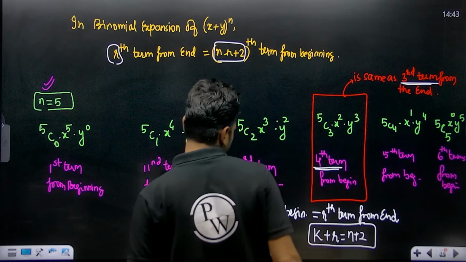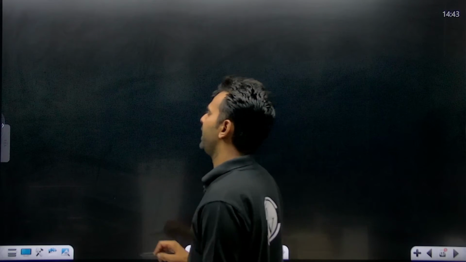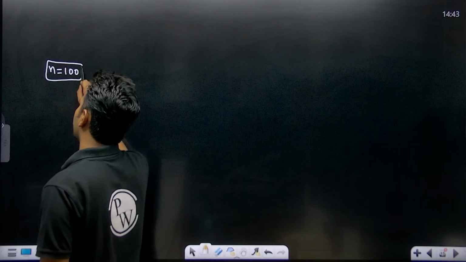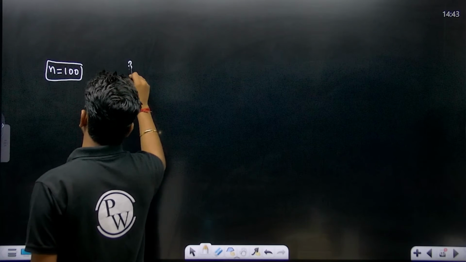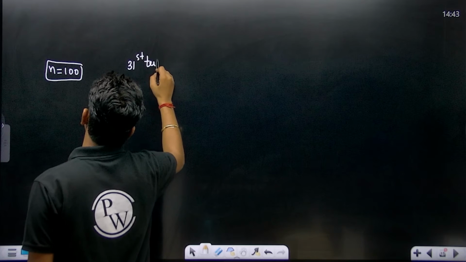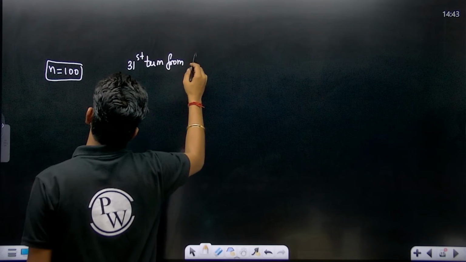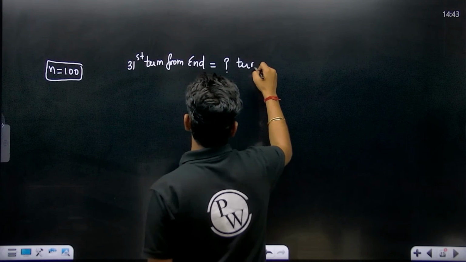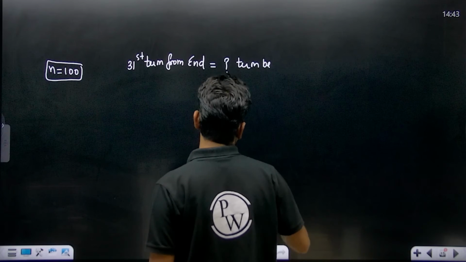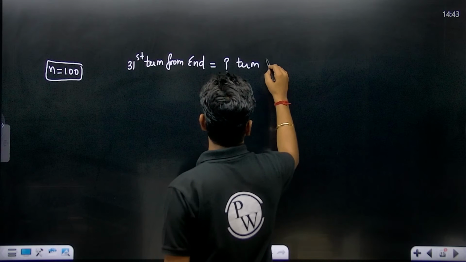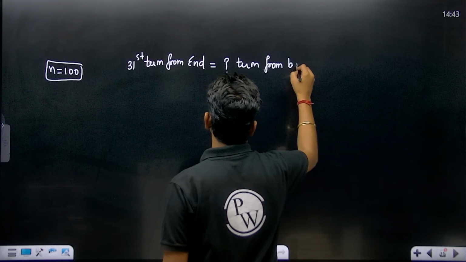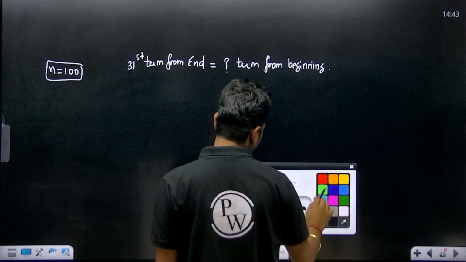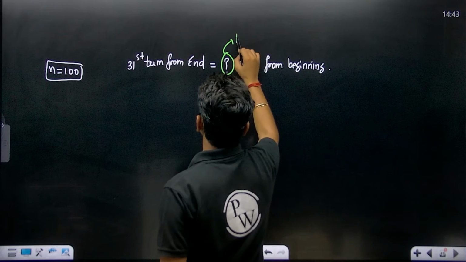So understand this now. If I am saying that n is equal to 100, and if I am saying that 31st term from end will be equal to which term from beginning? Can you guys tell me which term from beginning? So let's assume that this is nothing but kth term.